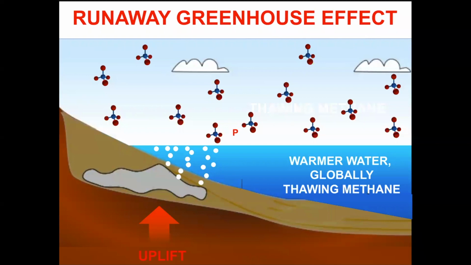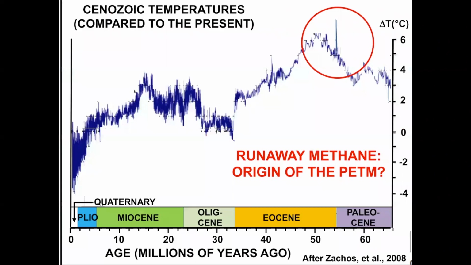And as the Earth warms, that methane's released. It's a greenhouse gas, which makes it still warmer. And so you get into this runaway greenhouse effect caused by the methane. Whether that was it or not, we're still not really sure. But that is an interpretation that is often put toward that particular spike.